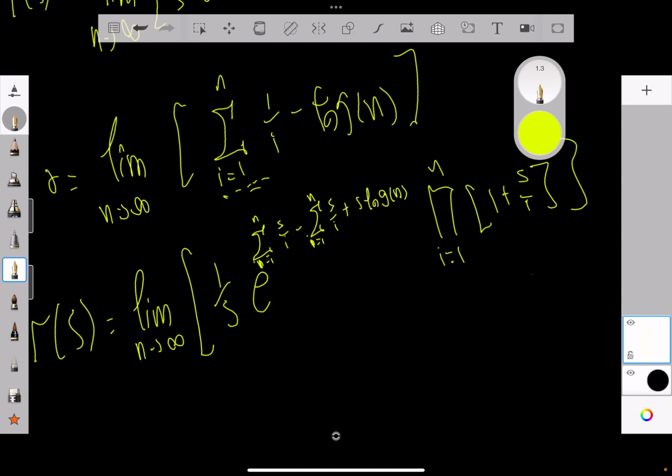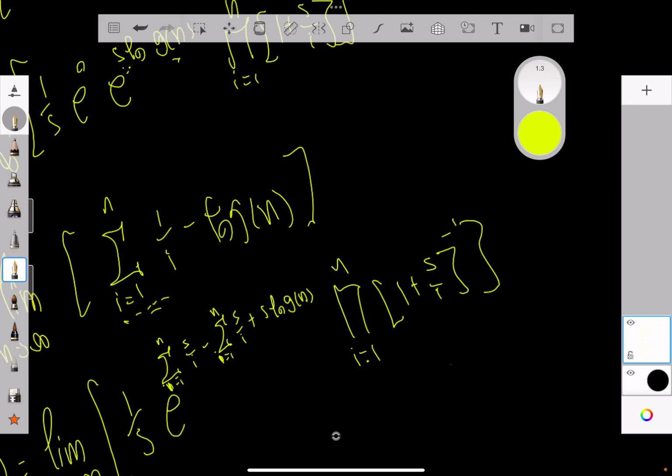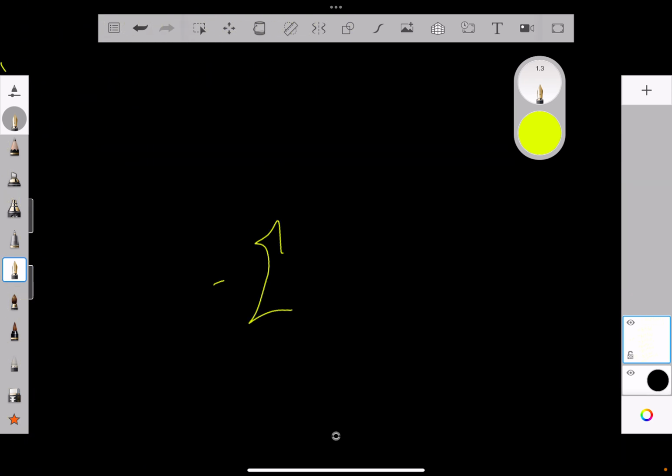So how do we change that into the Euler-Mascheroni constant? Simply, let's take this: minus the sum for i equals 1 to infinity of s by i plus s log n.